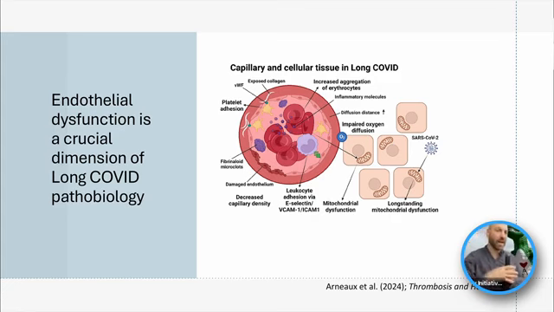So endothelial dysfunction and microclot formation is definitely something that is strongly linked to long COVID pathobiology, but may also have links to other infection-associated chronic condition pathobiology as well.